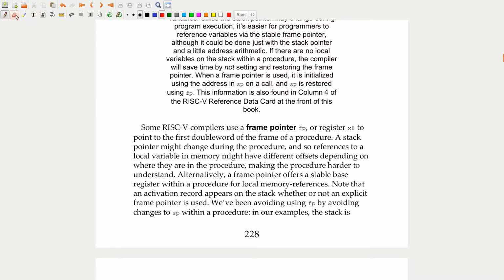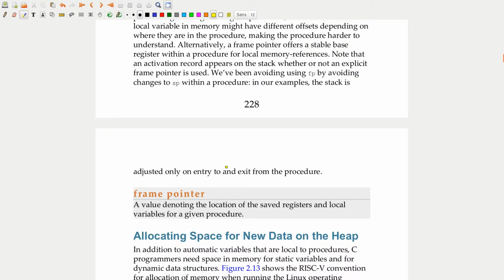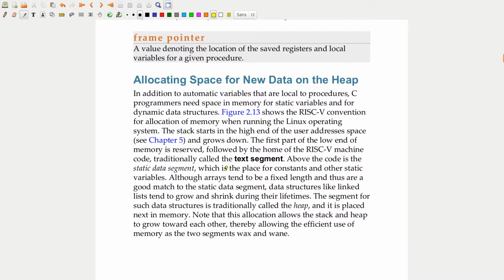Okay, and so for a frame pointer, just like we have a specific register that is associated with the SP, the stack pointer, we have one that associates with the frame pointer, which is x8. So that's convenient for us. Now let's talk about the heap a little bit, allocating space for new data on the heap. In addition to automatic variables that are local to procedures, C programmers need space in memory for static variables and for dynamic data structures.